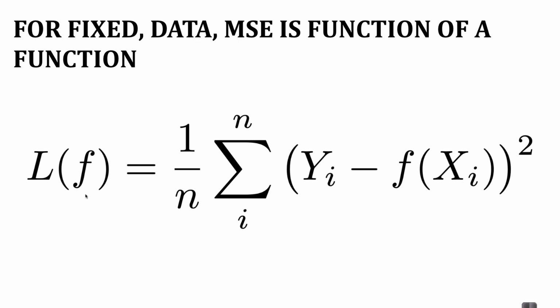That is what I call L of f. MSE is mean squared error. I use L here because this is one specific example of what is generally called a loss function, and a loss function is exactly what we're talking about. It's just some function that you give your candidate function that says how good is it at predicting the data. So this is one way of quantifying how good f is at predicting the data.